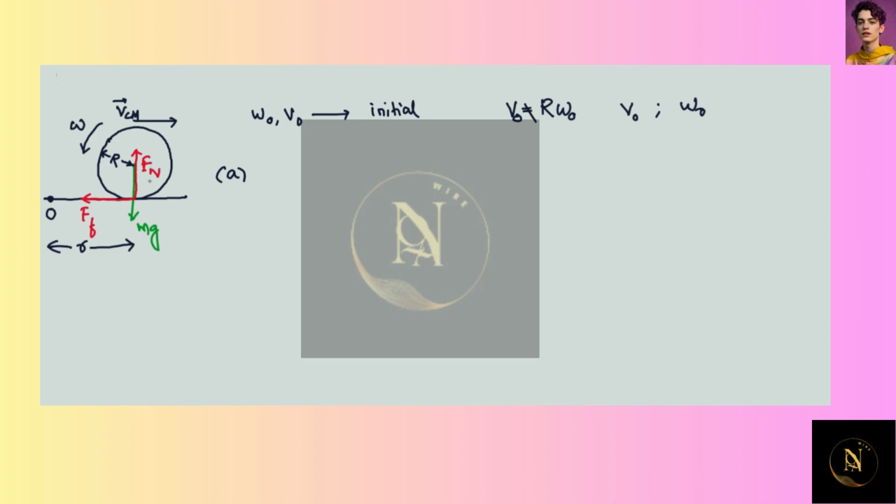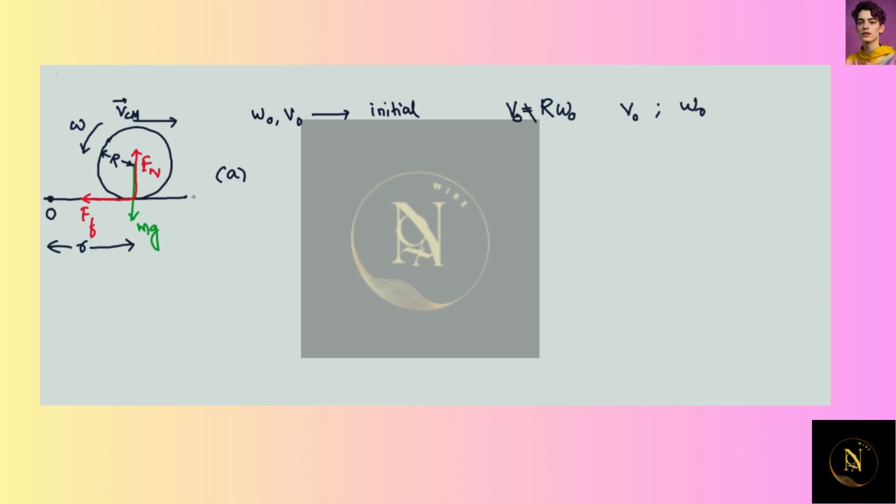There are three forces acting on the ball, as you can see. The frictional force, which I have drawn opposite to the direction of motion of the center of mass of the ball, to be specific. There is a normal force from the ground at the point of contact of the ball and the ground, and there is weight acting from the center of the ball.